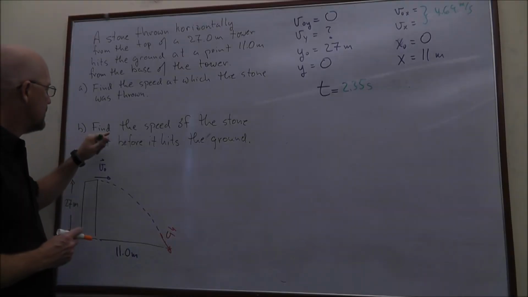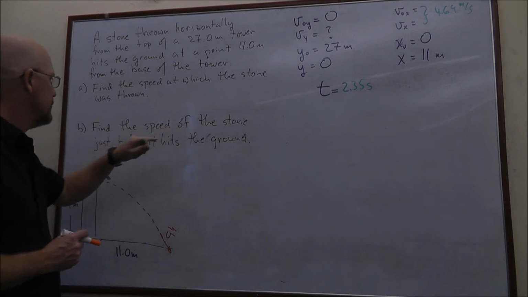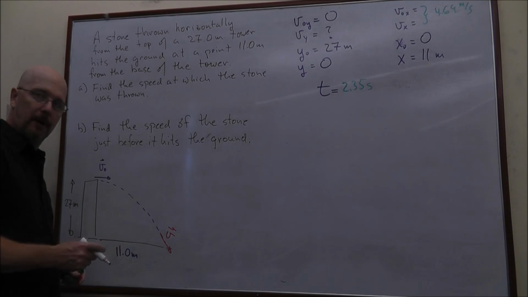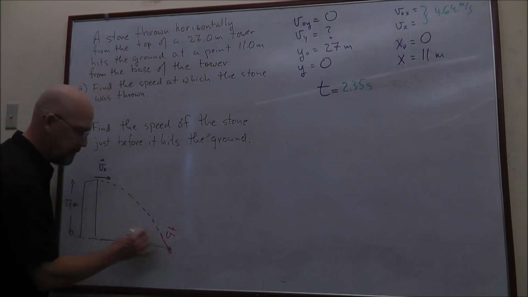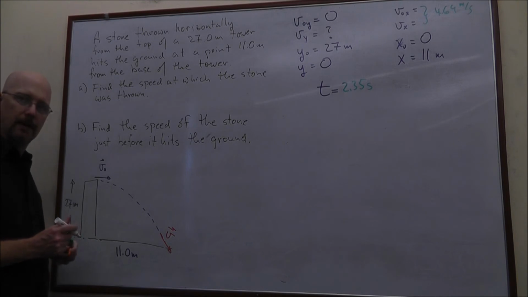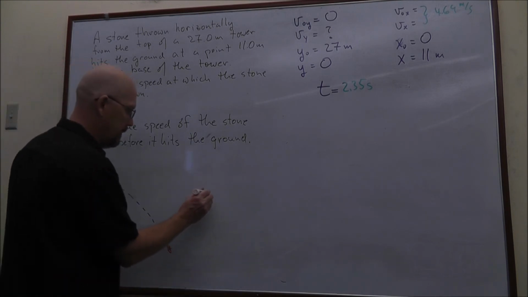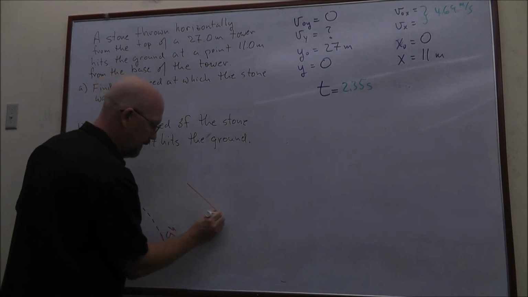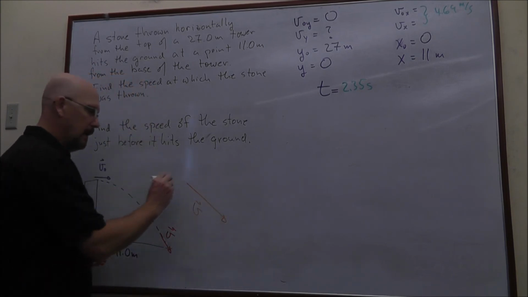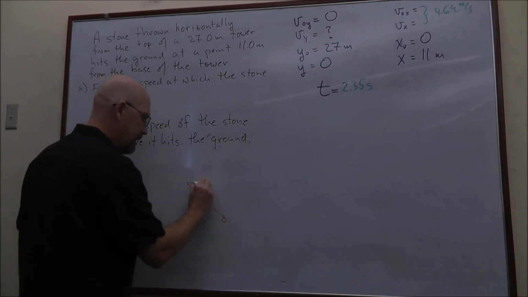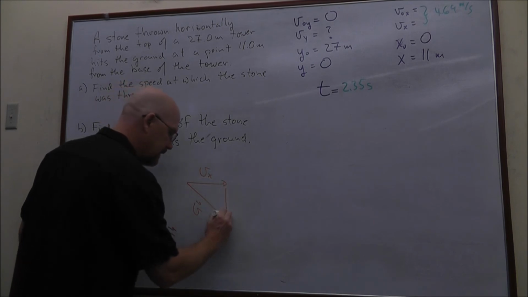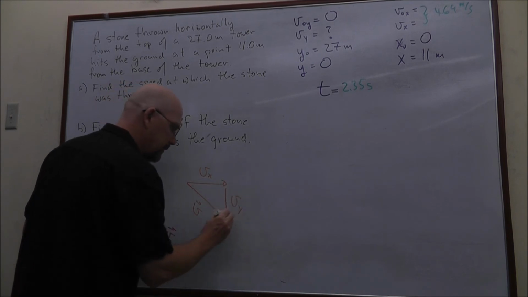So the next part asks us to find the speed of the stone just before it hits the ground. Now remember, for a projectile, this speed is made up of two components, an x component and a y component. So let me draw this arrow nice and big. That's my total speed, but that is composed of a piece that's in the x direction and a piece that's in the y direction.